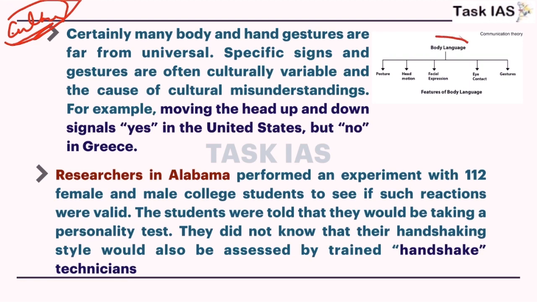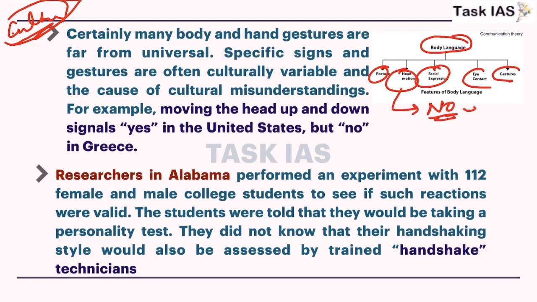Now body language, you can divide this into different parts: posture, hand motion, facial expression, eye contact, gestures. So you can express by giving different examples how hand motion will decide different meaning. For example, if the head is rotated left to right, it indicates the meaning of no in Indian society, because it can have a different meaning in other societies.